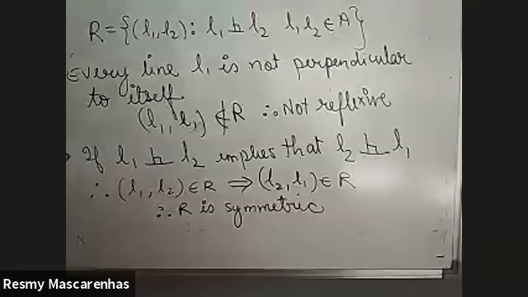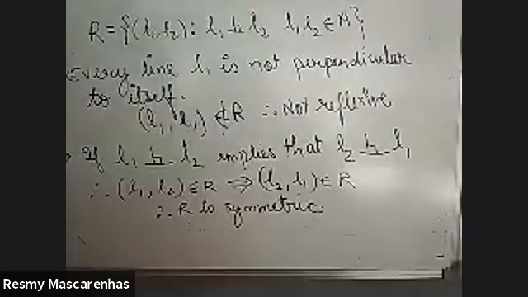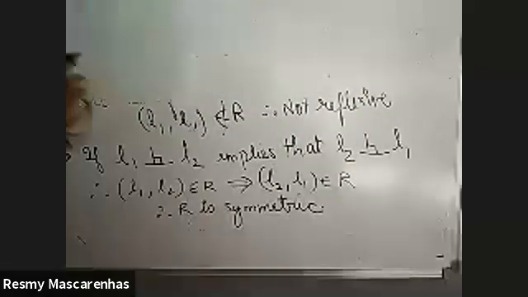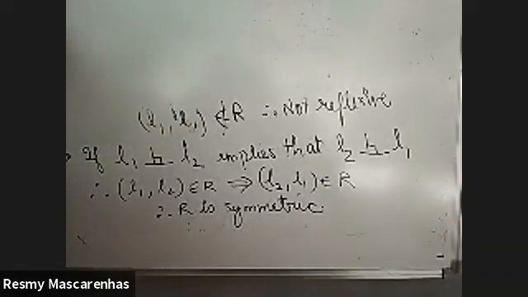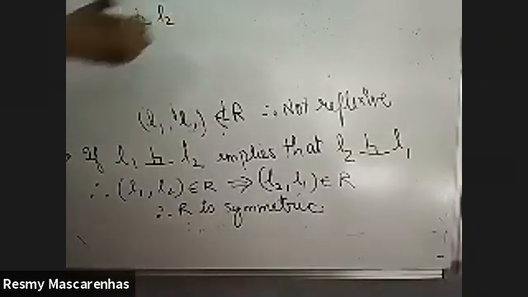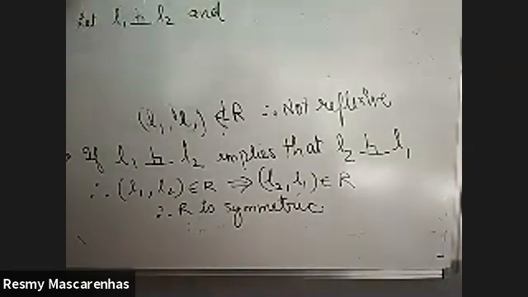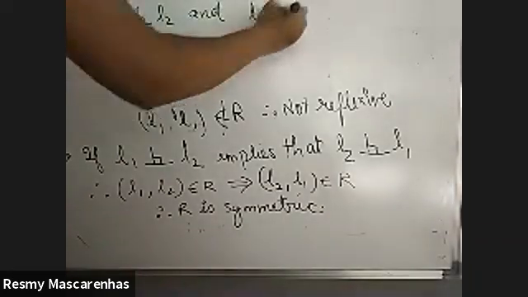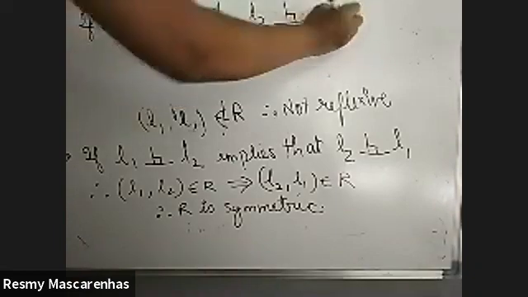Then you have to check with 3 lines now. So you can assume L1 is perpendicular to L2, and L2 is perpendicular to L3.